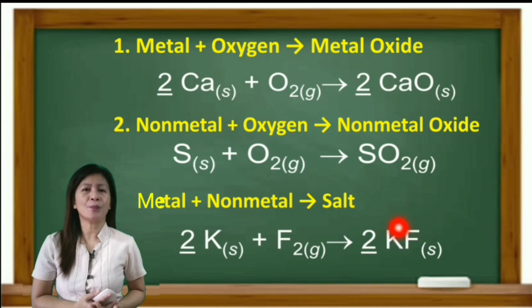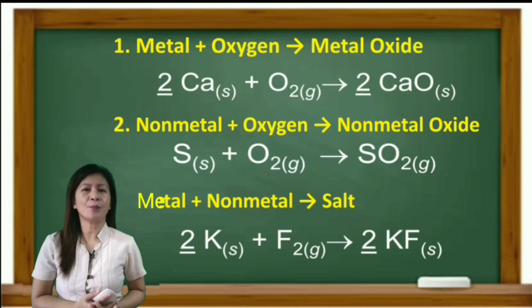As I have mentioned in the last video, metals have the general tendency to give up or lose electrons during chemical reactions or chemical bonding. On the other hand, non-metals have the general tendency to gain electrons. So when a metal and non-metal combine, metal will give up and non-metal will accept the electron. So there is a transfer of electrons.